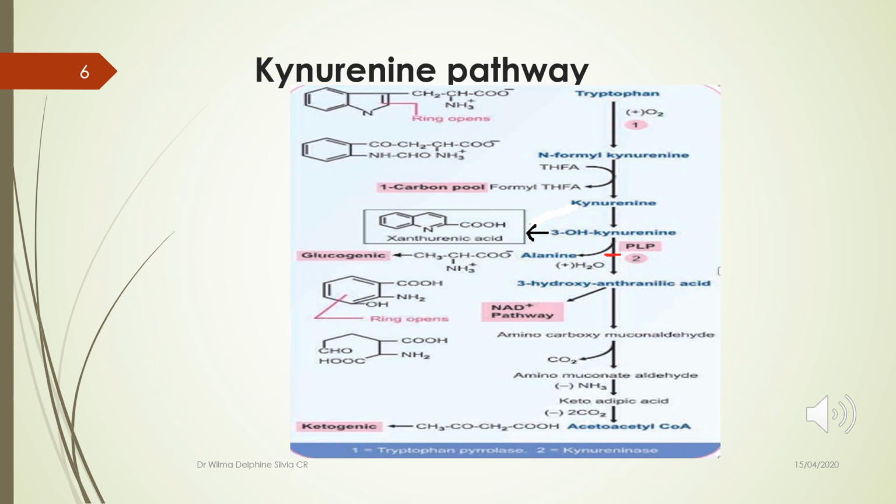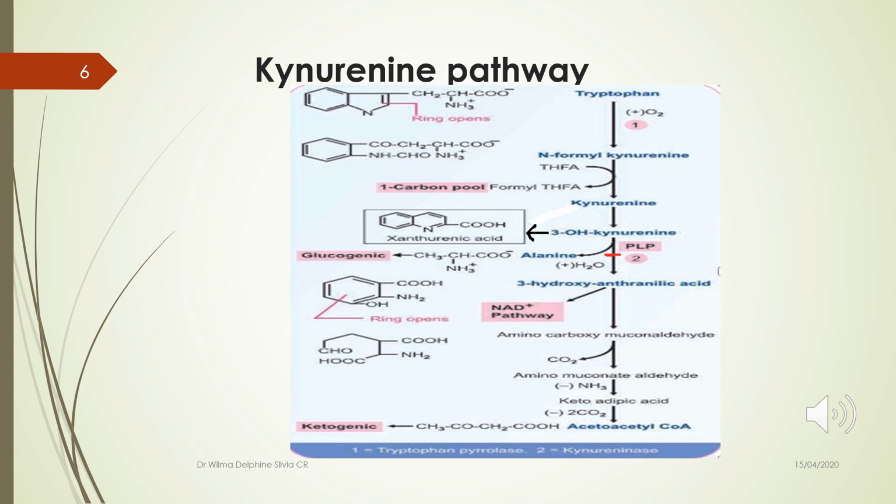The initial reaction of the kynurenine pathway is oxidation of tryptophan to formyl kynurenine, which is catalyzed by the enzyme tryptophan oxygenase, also known as tryptophan pyrrolase. Formyl kynurenine is converted into kynurenine by removal of the formyl group with the enzyme kynurenine formylase. The formyl group enters into the 1 carbon pool, and the kynurenine is metabolized to 3-hydroxykynurenine in the presence of kynurenine hydroxylase.